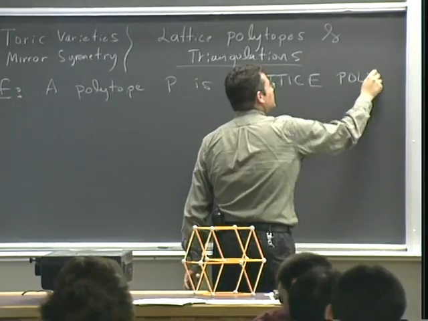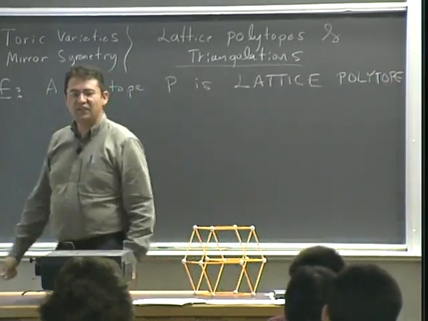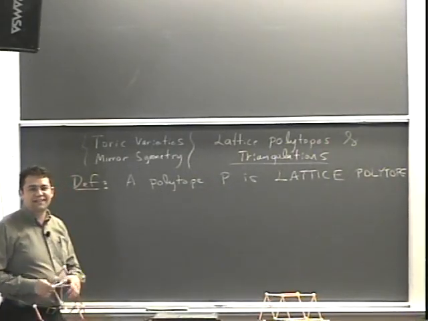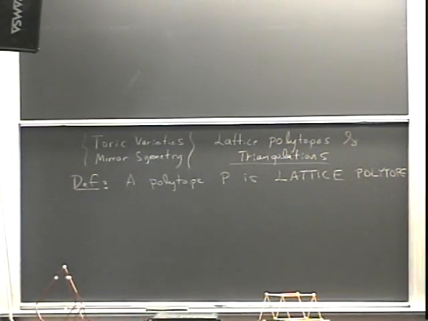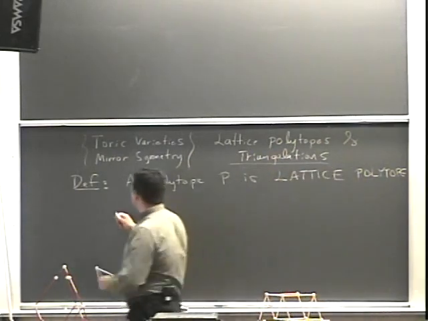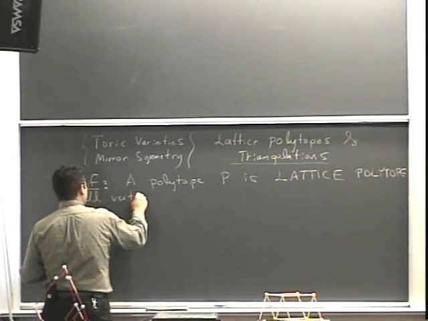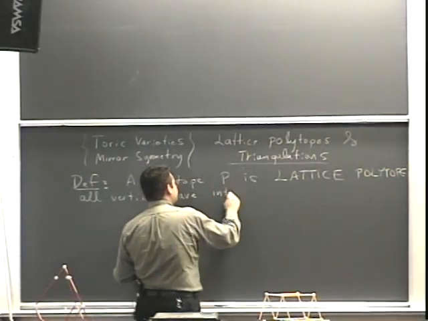Some people call this an integral polytope as well. So lattice polytopes have all the coordinates of the vertices integral. So all vertices have integer coordinates.